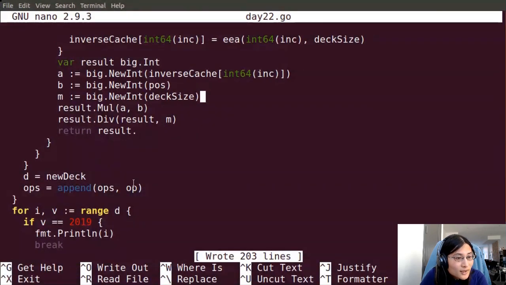Formatted .int64. Okay, that should work.